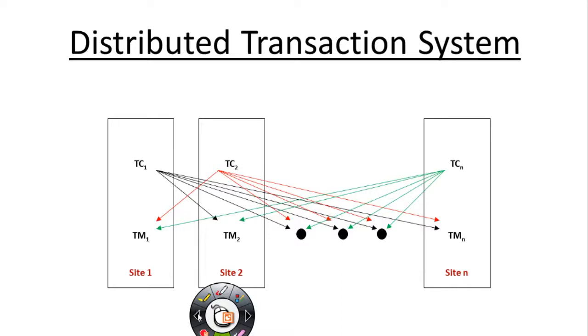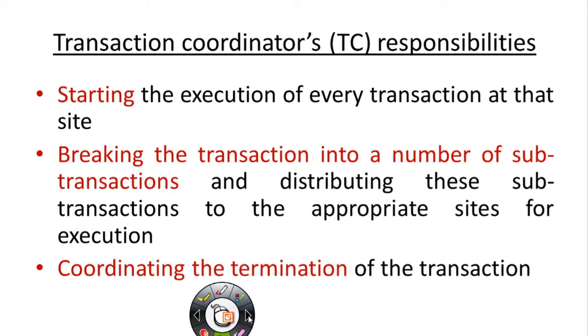The transaction coordinator of site 1 is going to talk to the transaction manager of site 2 and the transaction manager of site 3, to process the data, collect the processed data and compile it, and give it to the end user who raised the request. These are the responsibilities of the transaction coordinator.